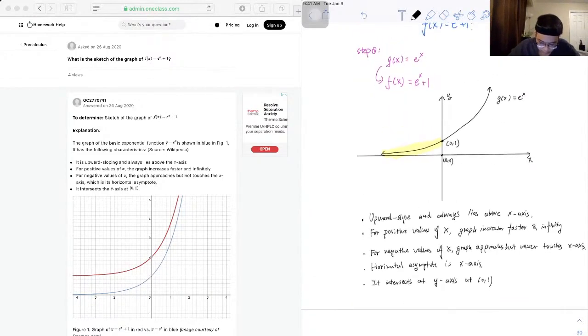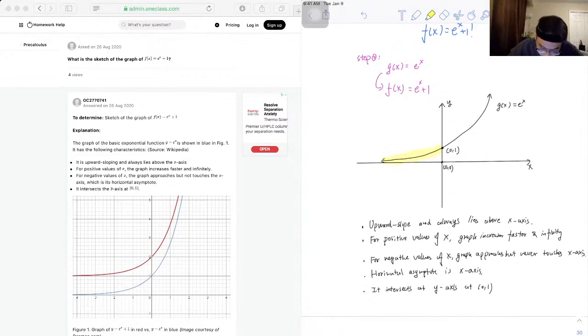So as you can see, from e to the exponent of x to e to the exponent of x and then plus 1 for the y value, which means we just shift the whole graph 1 unit upward.